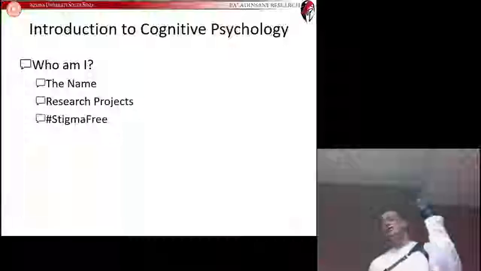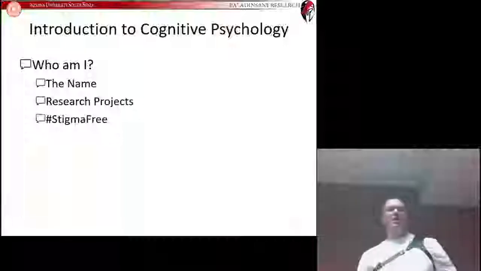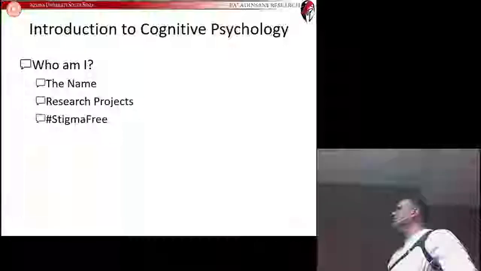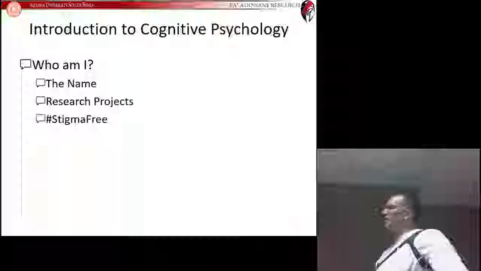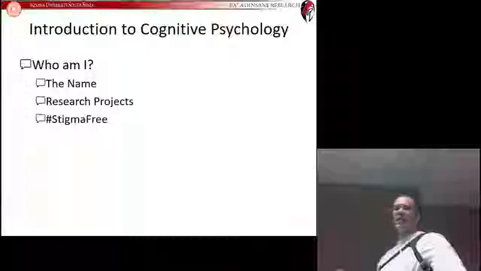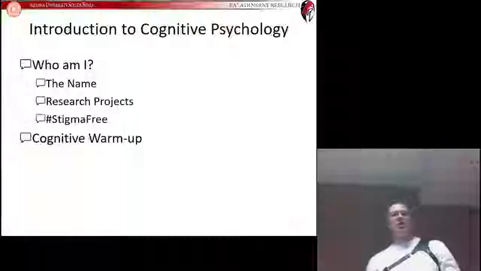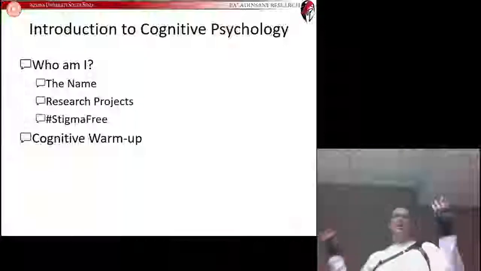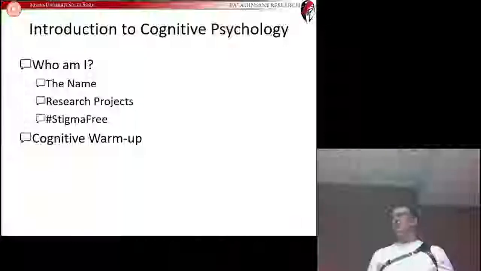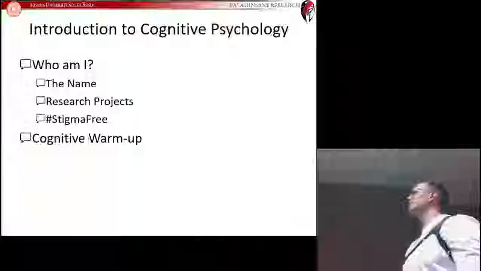We're going to start off with myself. I'll introduce myself, talk a little bit about the research projects that I do here. I work in cognitive psychology, so I'll talk about some of the work that I do, and then I'll also talk about the Stigma-free initiative that I'm a part of. Then we're going to do a little bit of cognitive warm-up. We're going to shake off some of those cobwebs that might have developed in our minds over the winter break, illustrating some of the principles we're going to investigate this semester.